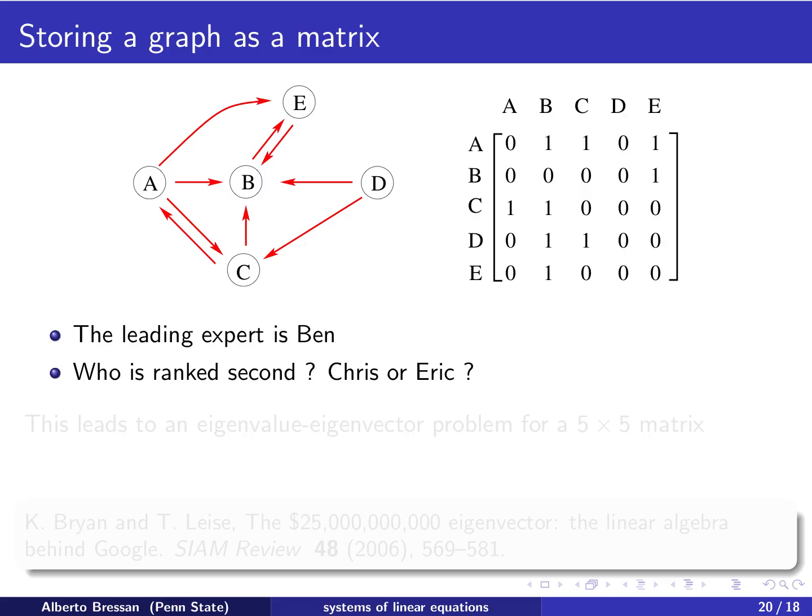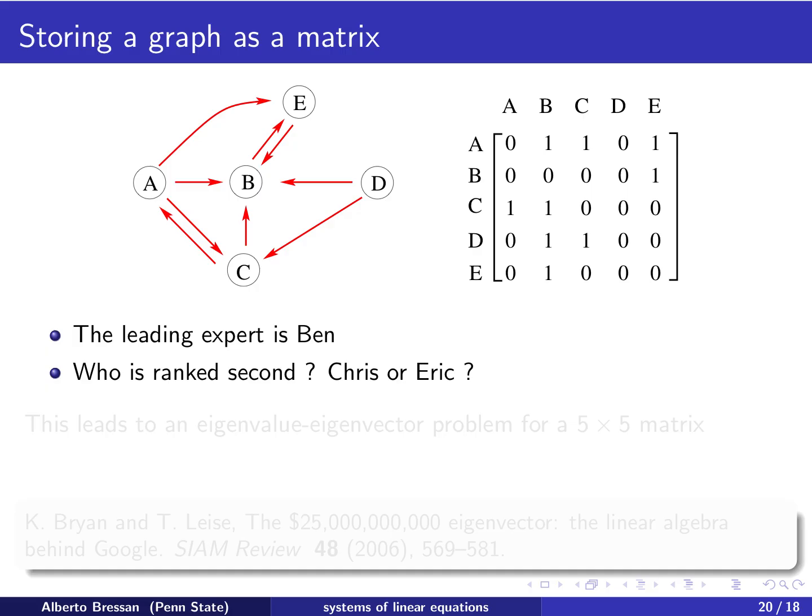Okay, and then we also see from A to E, that's marked 1, and from A to C is marked 1, and the rest is 0. And that's how you fill in this matrix. So we have a square 5 by 5 matrix, storing the information of who links to whom.